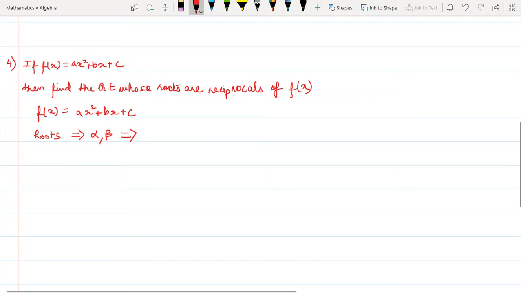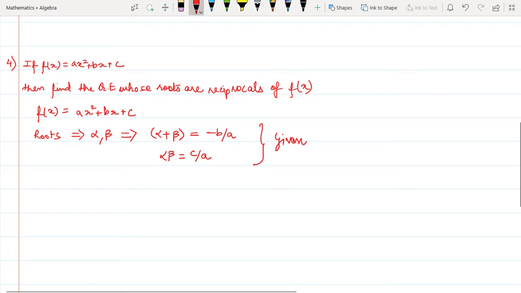I also know that the roots of this equation are alpha and beta, so sum of roots, that is alpha plus beta, will be equal to minus of b by a, and I also know that alpha beta will be equal to c by a. So this I know. This is given.